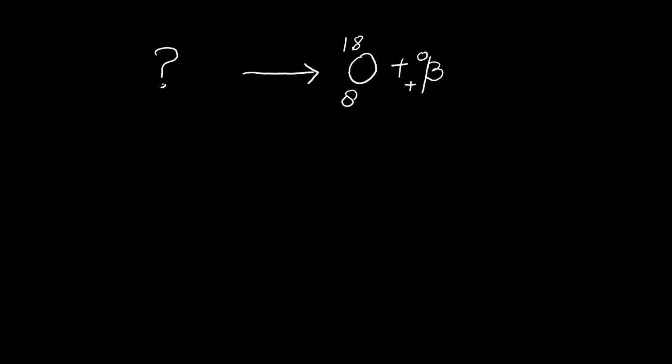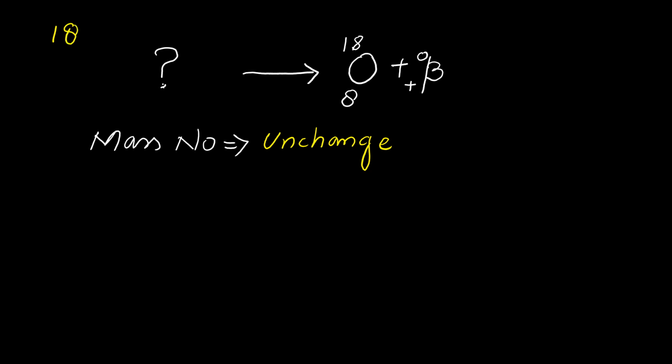Since you know that in positron decay the mass number remains unchanged, the mass number of the parent nuclei or parent atom will be 18. Whereas the atomic number Z is decreased by 1 for the daughter nuclei.